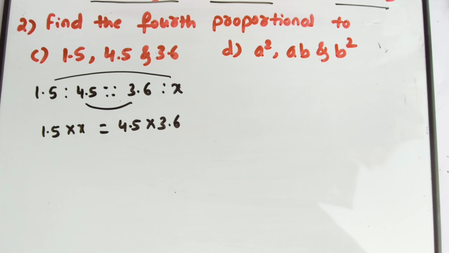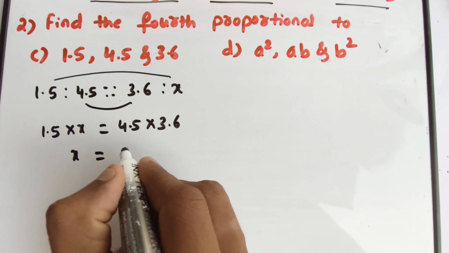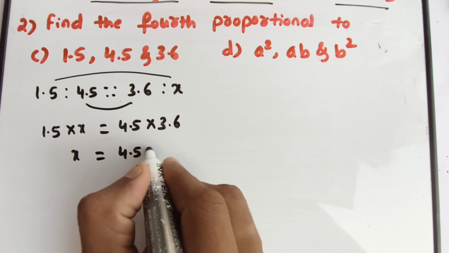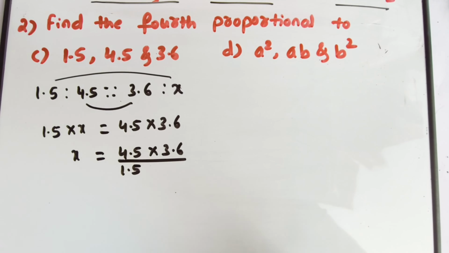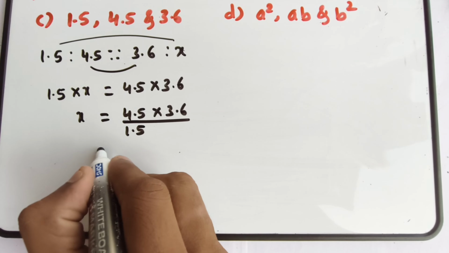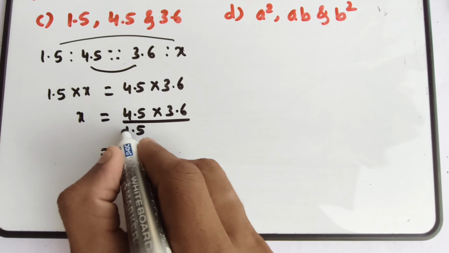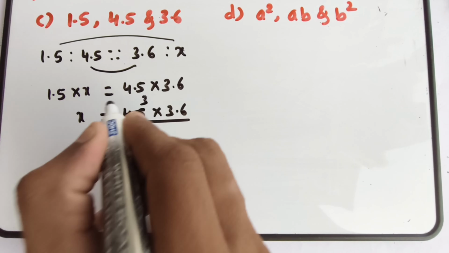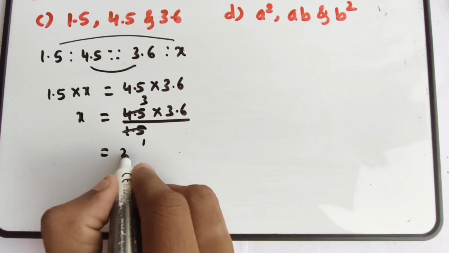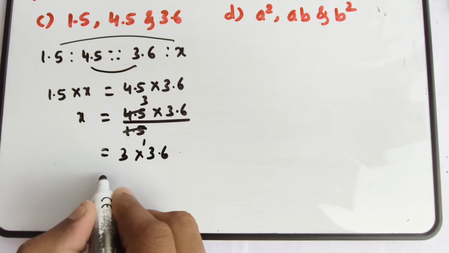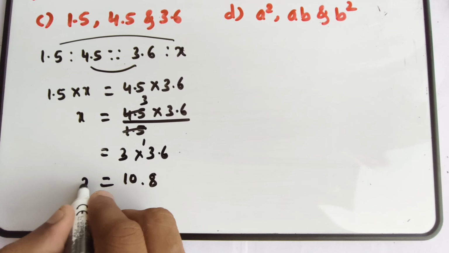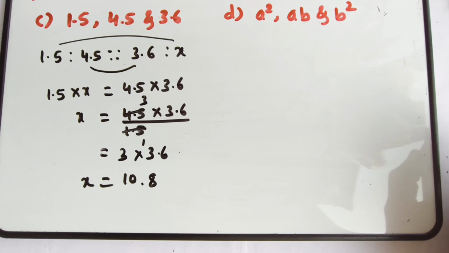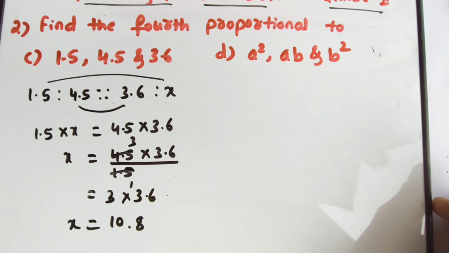Make x alone here again. x is equal to 4.5 into 3.6 divided by 1.5. 1.5 into, that is 15 ones are 15, 15 threes are 45. That is 1.5 into 3 times, that is 4.5. 3 into 3.6. Multiply 3 into 3.6. 3 sixes are 18. 3 threes are 9. 9 plus 1, 10. That is 10.8 is the answer.